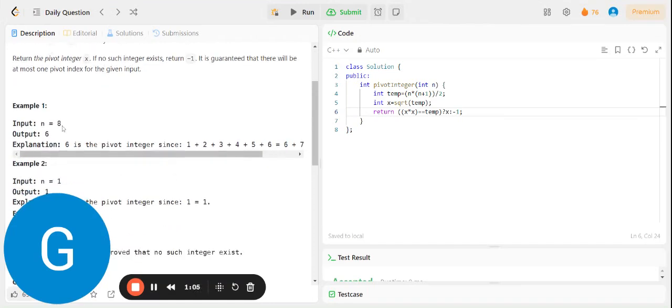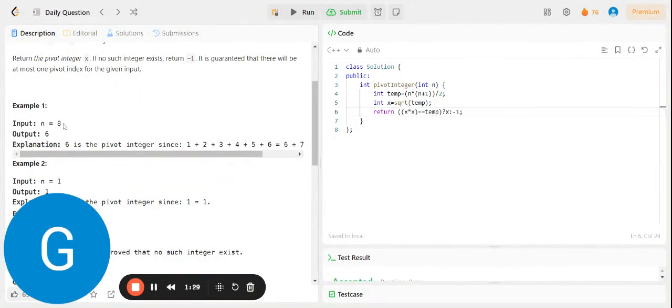Here the given input is n equal to 8. If we check for every integer from 1 to n, if we take 1, the left hand side, the sum of elements from 1 to x, that means 1 to 1, that is 1, must be equal to the sum of elements from x to n, that means 1 to n.